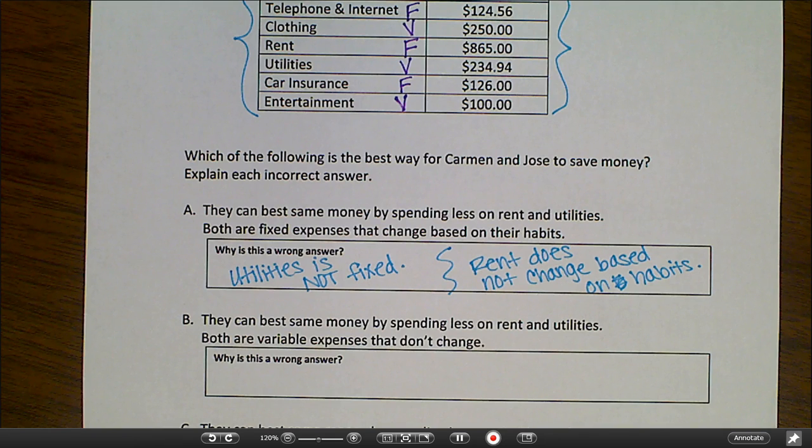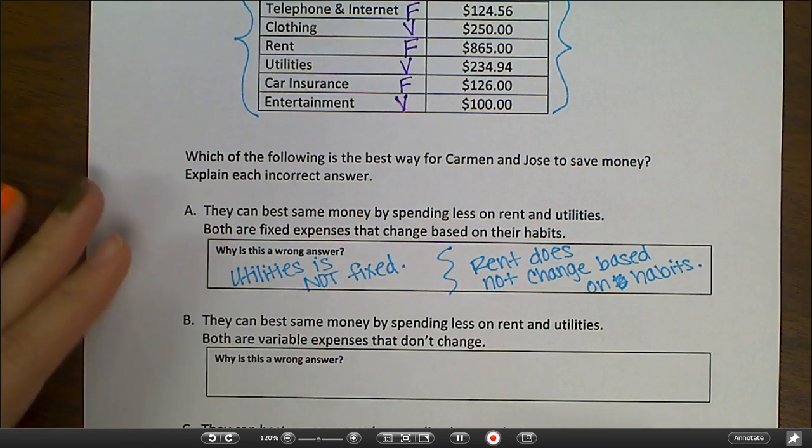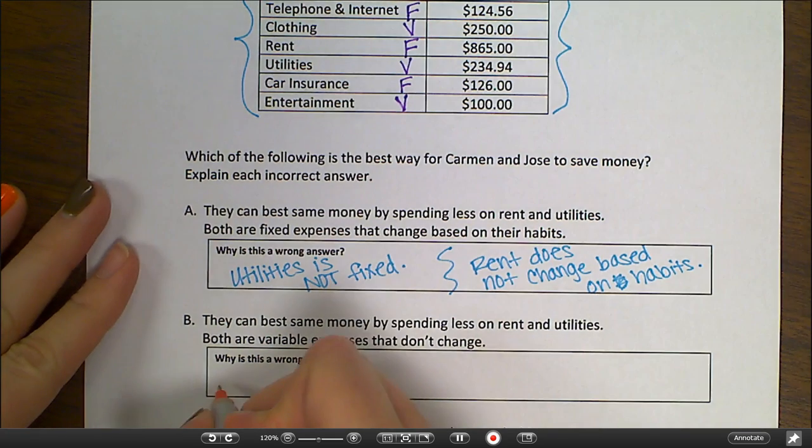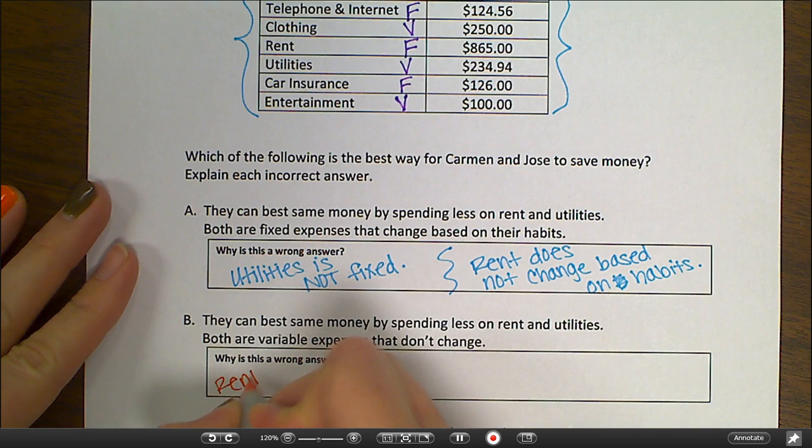Okay, welcome back. All right, B says they can best save money by spending less on rent and utilities, so same things, rent and utilities, and it says that they're both variable expenses that don't change. All right, well, there's two things wrong with this. One is that rent is not variable.